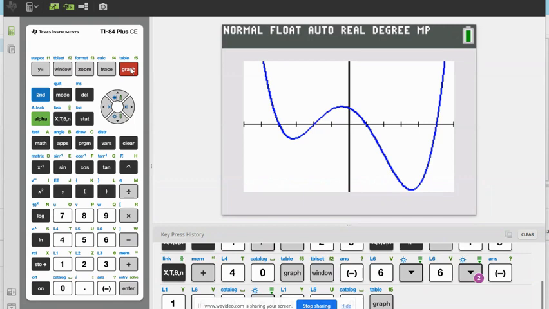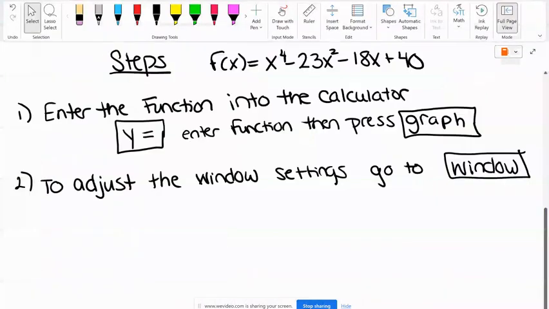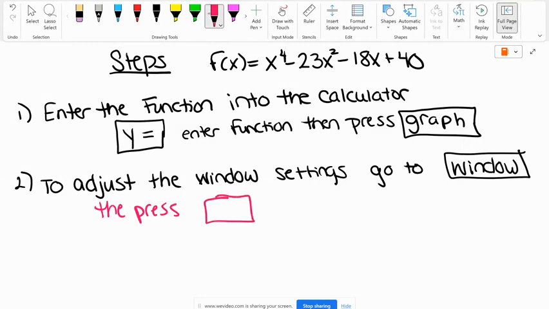Okay, so now let's answer the first. Now that we have our graph, we're going to answer our first question. So let's go back. Hold on, let's write this. To adjust the window setting, go to Window. Then press the graph button when you're done.